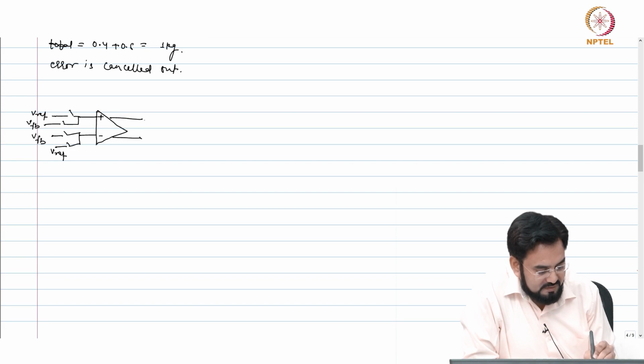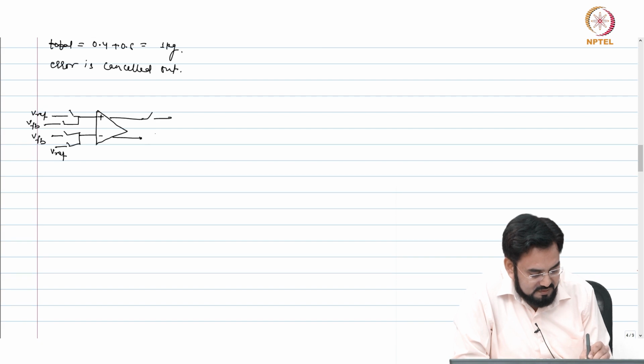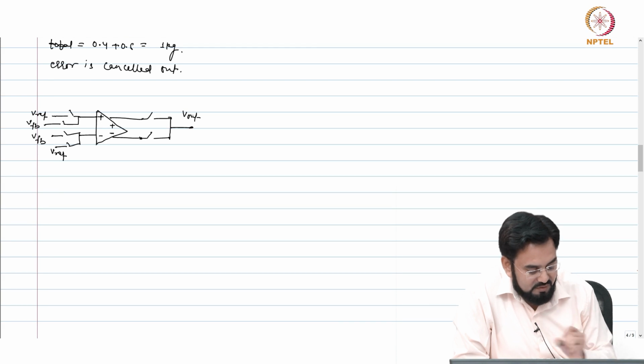Okay, and then you have 2 switches here. So if this is my plus and this is my minus output, and this is your V out.